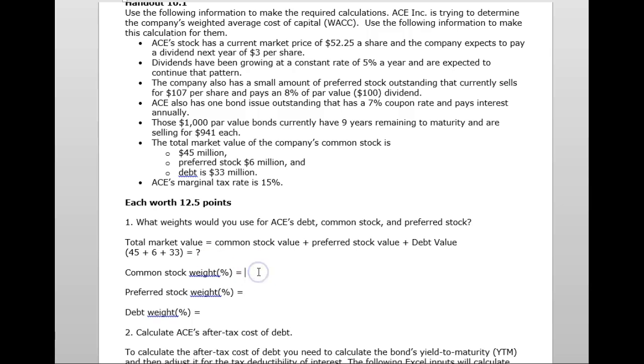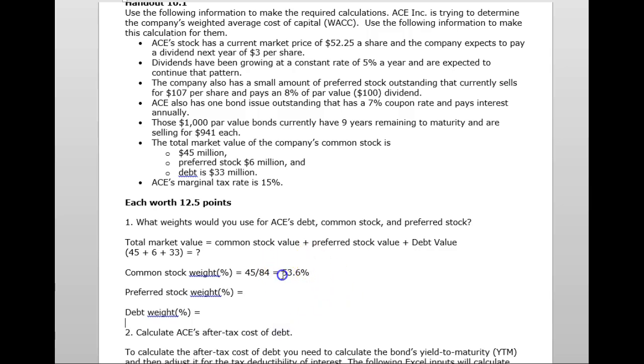Then you're going to find a weight for each one of these items of capital. So common stock was how much? 45. 45 divided by 84. I'll do the first one for you. And that's going to give you a weight of 53.6%. And you'll do that for each one of these.